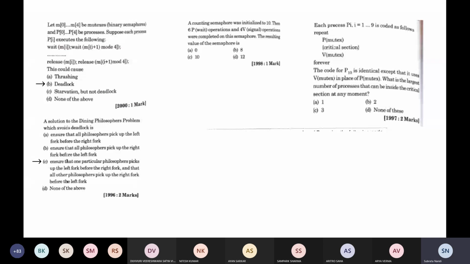So even if it waits, before it has executed P mutex, it has signaled some other process, right? That process, in any case, will enter into the critical section and execute V mutex. What is the largest number of processes that might be inside the critical section at any moment?